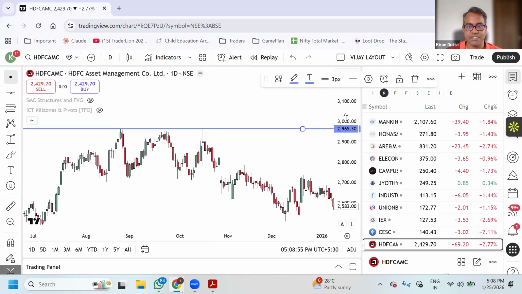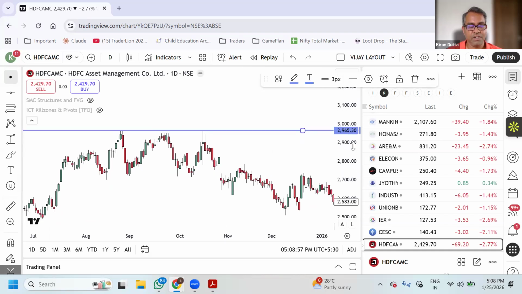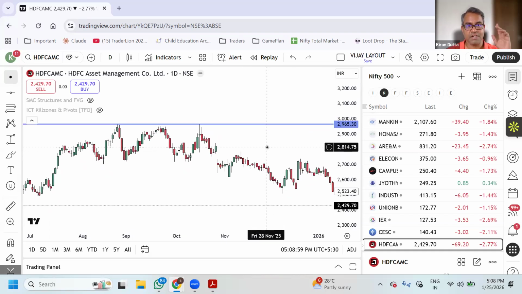So 2967 exactly, can I make a statement that 2967 is acting as a very tough resistance for HDFC AMC? Am I correct or not? Yes, sir. Everyone understood this?